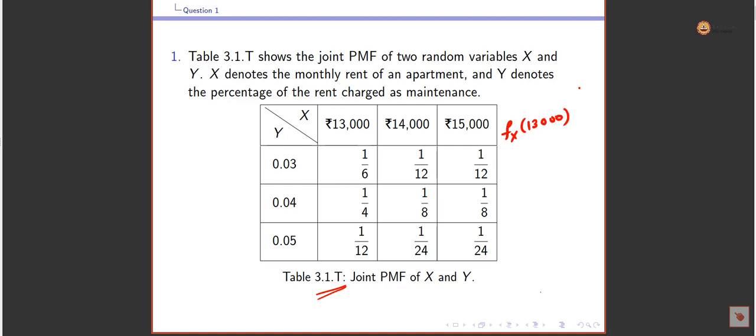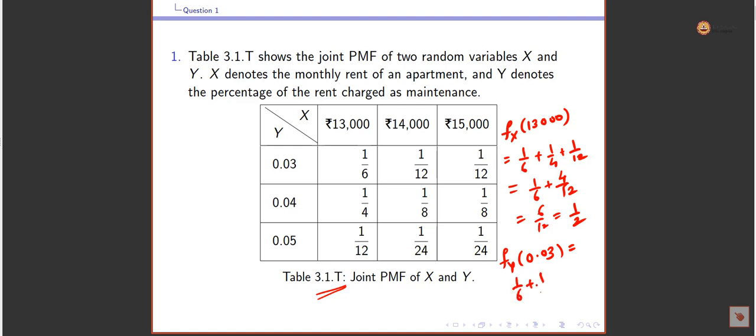The marginal probability that x equals 13,000 is 1 by 6 plus 1 by 4 plus 1 by 12, so it is 1 by 6 plus 4 by 12, which is 6 by 12, nothing but 1 by 2. Similarly, f_Y of 0.03 is 1 by 6 plus 1 by 12 plus 1 by 12, so 1 by 6 plus 2 by 12 plus 4 by 12, which is nothing but 1 by 3.